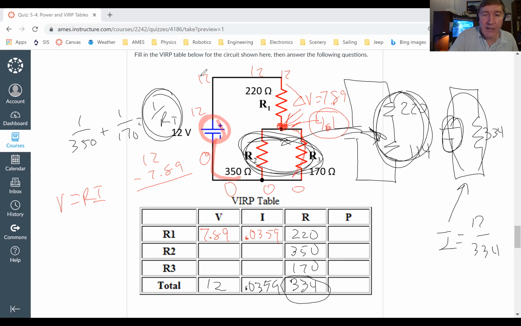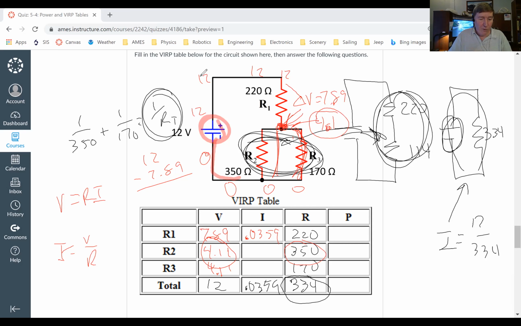And so now I know what the voltage is across these guys. So the voltage across both R2 and R3 is 4.1. Okay, actually 4.11 if I carried my extra sig figs out. Okay, so now that I know the voltage and I know the resistance, I can figure out what the current is because again, current equals voltage over resistance.